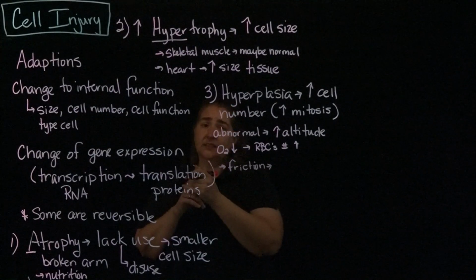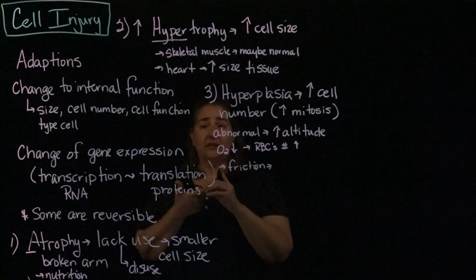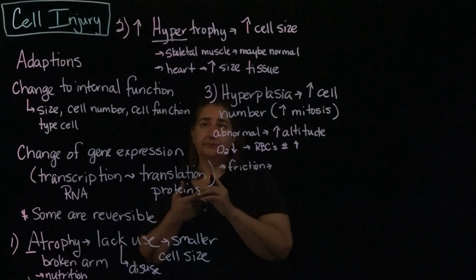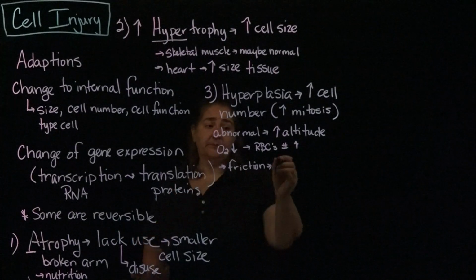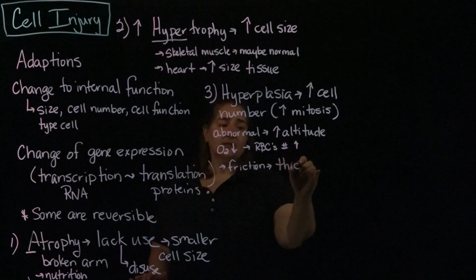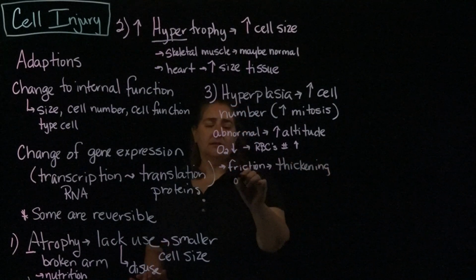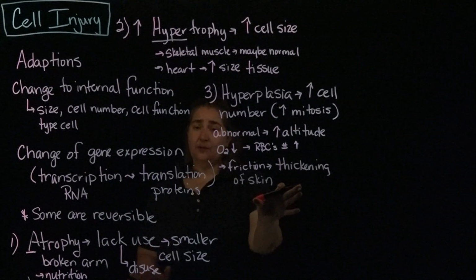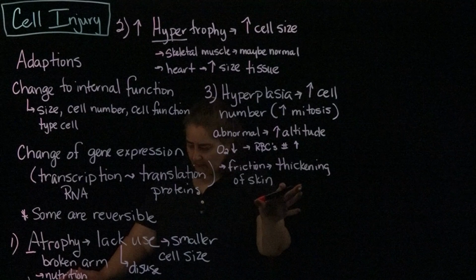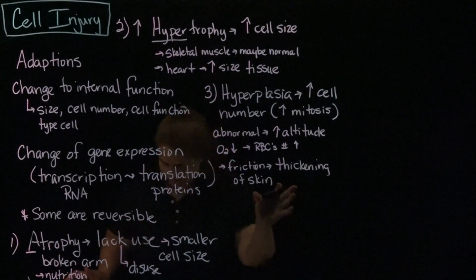Calluses on the skin are where, if you do repetitive motions, that skin will thicken. That's another example of hyperplasia associated with the skin, all right? So these are more physiological, okay?